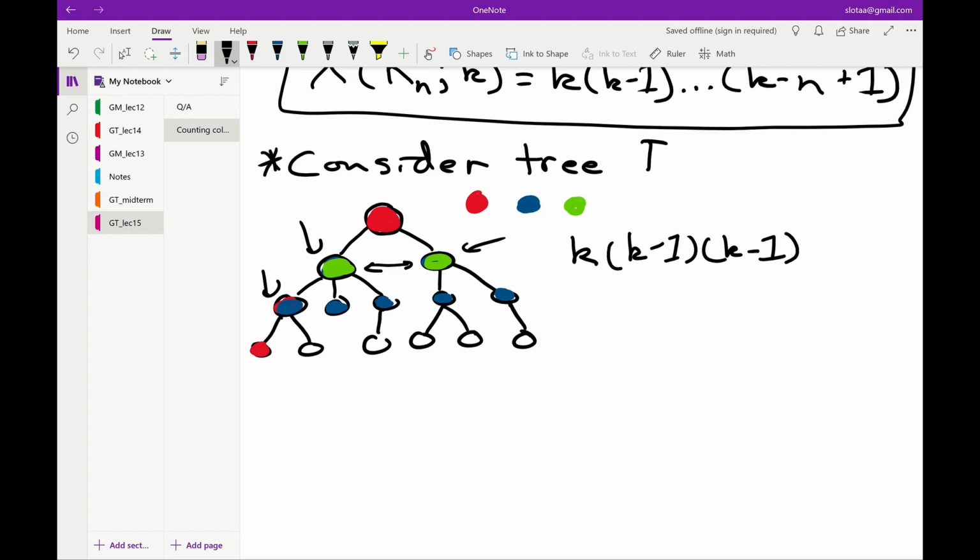In other words, we're only constrained when doing this arbitrary coloring by the color of that vertex's parent, and this will retain a proper coloring, where for each vertex except the first vertex we color, we have k minus 1 possibilities, with k possibilities for that first vertex we color.